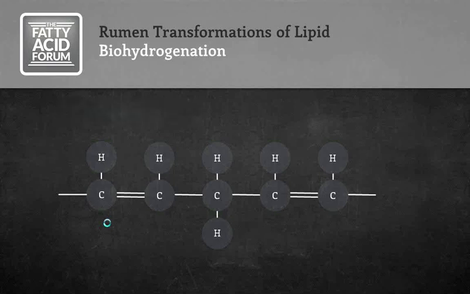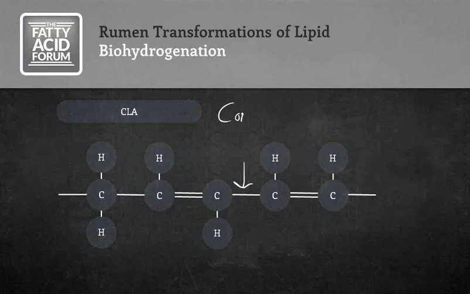Now, in the first step of biohydrogenation, the hydrogens are rearranged so that the double bond that was normally here is now moved closer together. When they were separated by two single bonds in the plant, they're now only separated by one single bond, and this is referred to as a CLA, or conjugated linoleic acid.